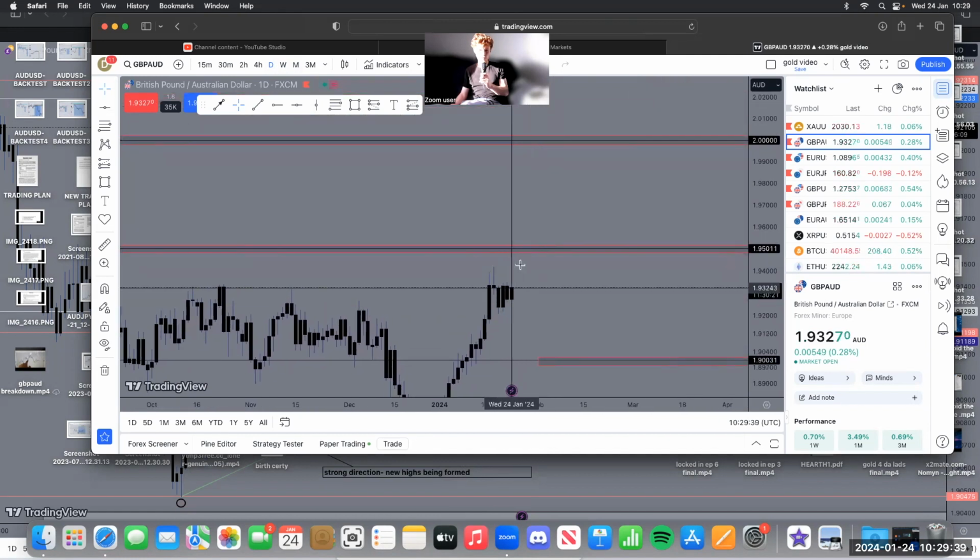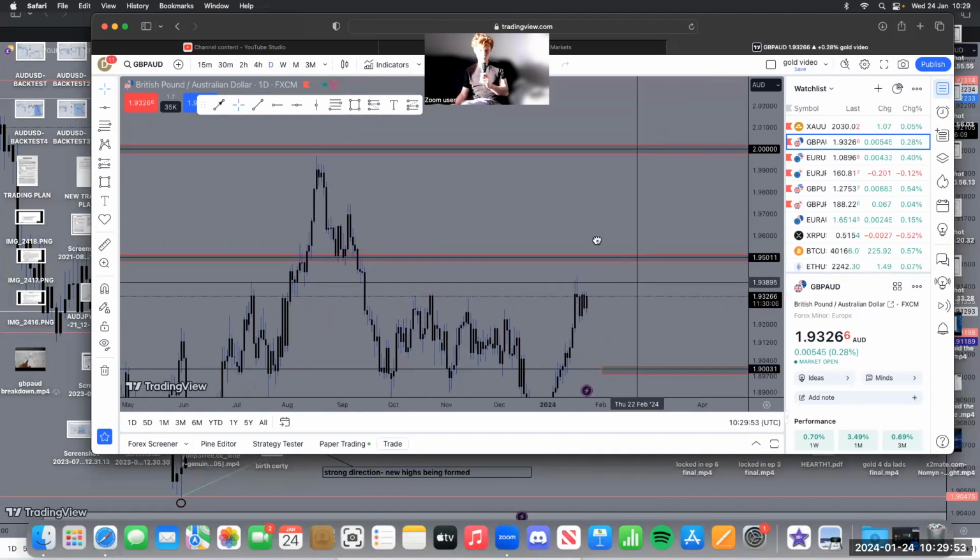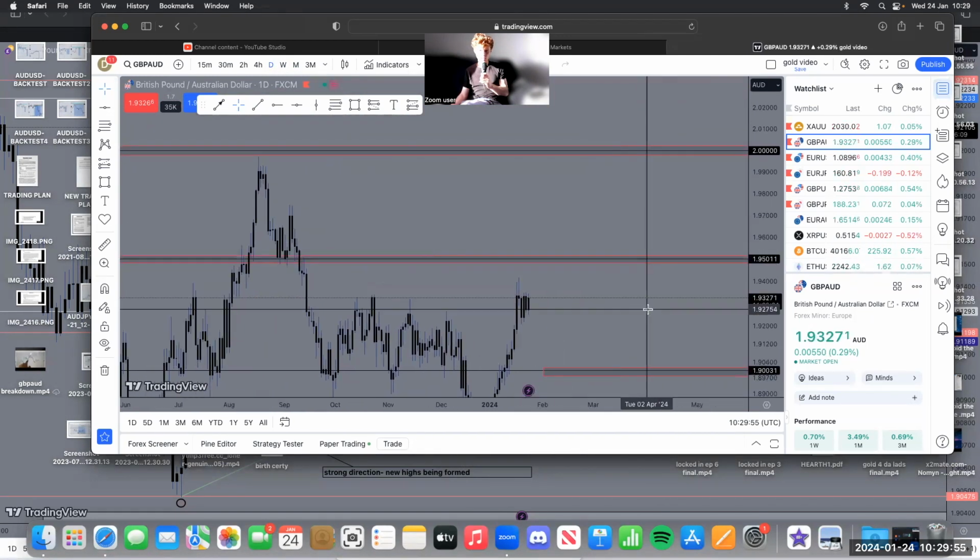And this is very simple. If we break above this, we know to watch out and see if we can get any movement up to here. Or if we break above and come back beneath, we know that this zone is not really trying to be beaten. So we can look for sells.